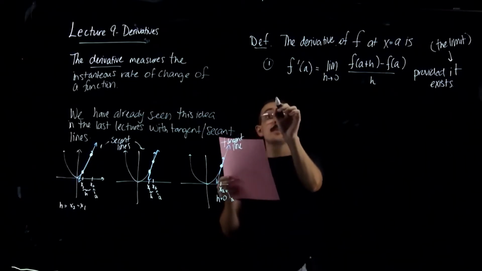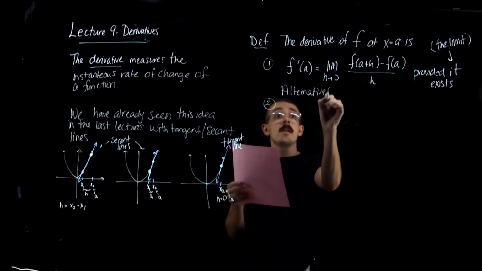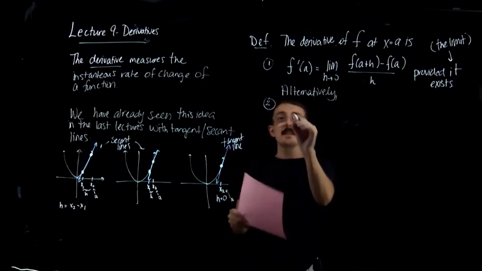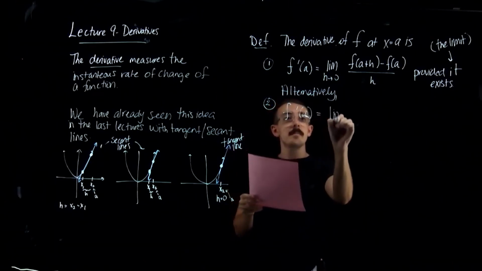There's another way that you can actually think about this. So we have an alternate definition as well. So alternatively, we could express it this way. The derivative at a is equal to the limit.